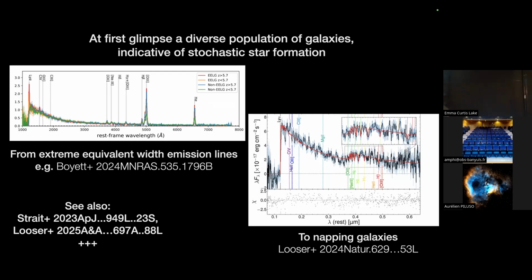And then, what are the scenarios to form very massive stars so quickly? So now it's not so much that simulations need to form them more quickly.